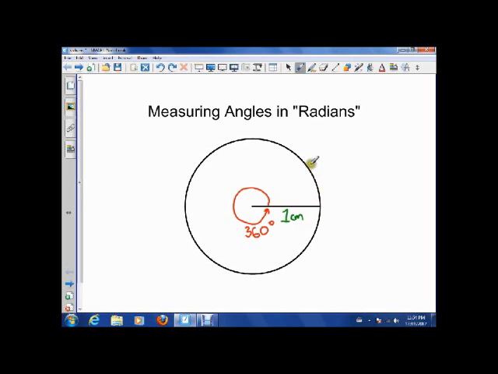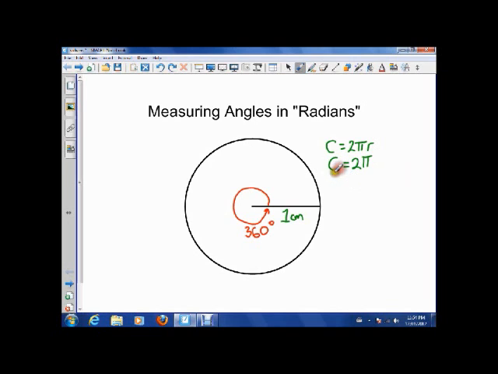What's the distance all the way around the circle? First of all, what do we call that? Well, remember we call it the circumference. And how do we calculate it? The circumference is 2 pi r, or in this case, it's 2 pi.